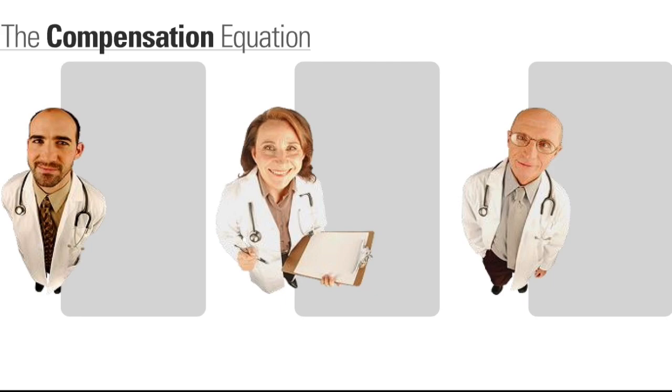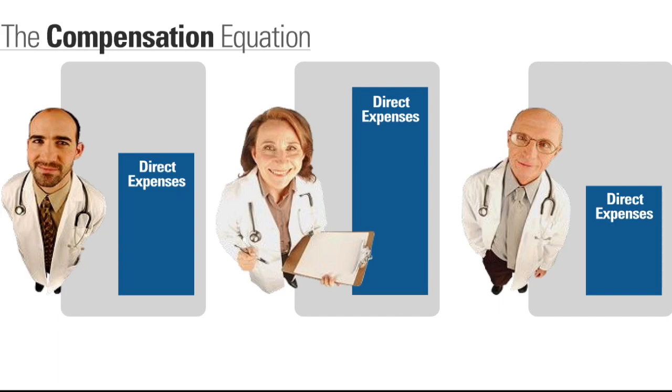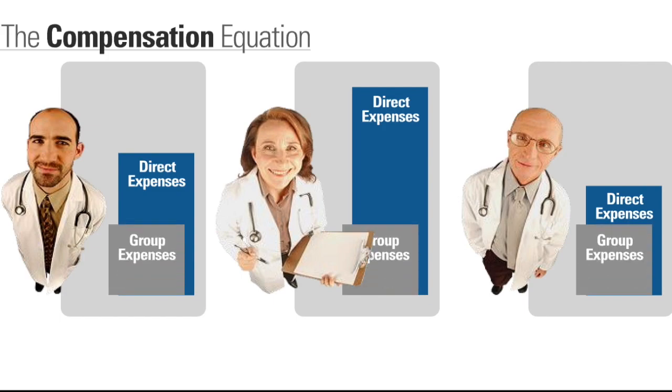Under a compensation plan based on this method, all individually identifiable expenses, direct expenses, would be charged to each individual physician responsible for the expense. Then, the remaining group expenses, indirect expenses, would be allocated among the group members according to a formula based on individual physician gross charges or net revenues or net collections.